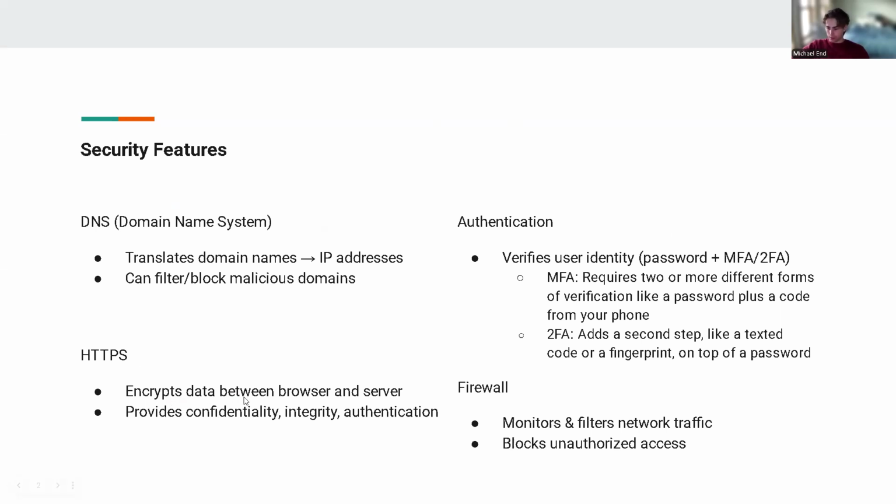HTTPS encrypts data between the browser and server and provides confidentiality, integrity, and authentication. A firewall monitors and blocks network traffic and blocks unauthorized access. These are very important security features to have, especially HTTPS, a firewall, and authentication, domain name service as well, of course.